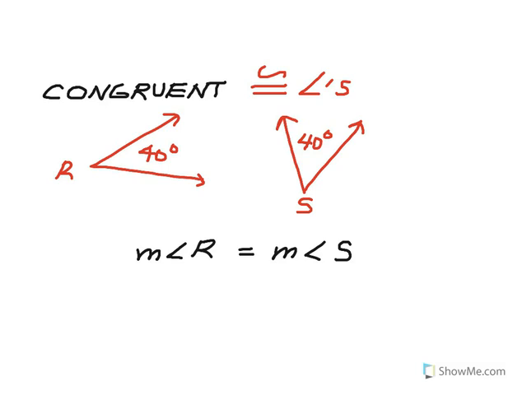Or if I just want to talk physically about the angles, I would use the congruent symbol and say angle R is congruent to angle S. When I'm talking about the physical figures themselves, I use the congruent symbol. When I'm talking about their measures with the little m in front, I can use the equal sign.